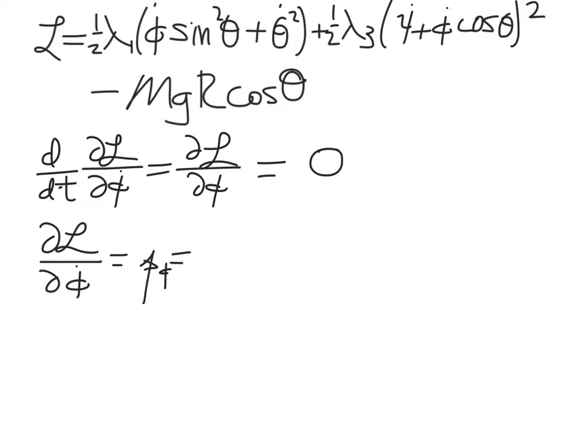That generalized momentum is not a simple expression, and again this is because of the funny non-orthogonality of the different rotations. The generalized momentum for phi is this lengthy expression.